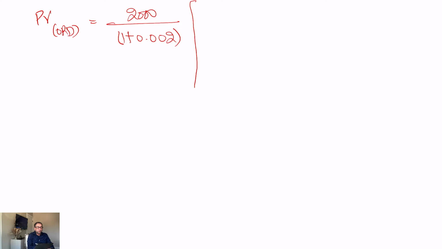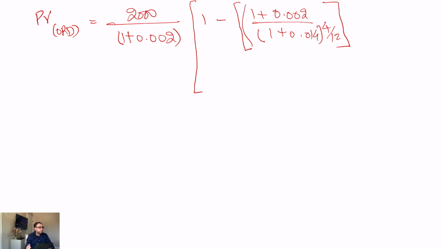And then we have the same 1 minus, 1 plus 0.002 over 1 plus 0.014 exponential 4 by 12, and this whole exponential is of 120, 10 years.